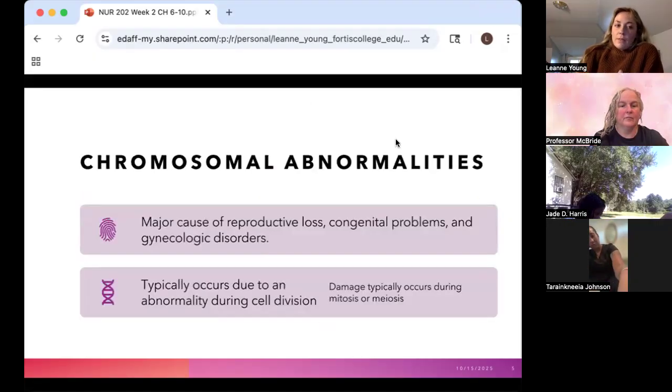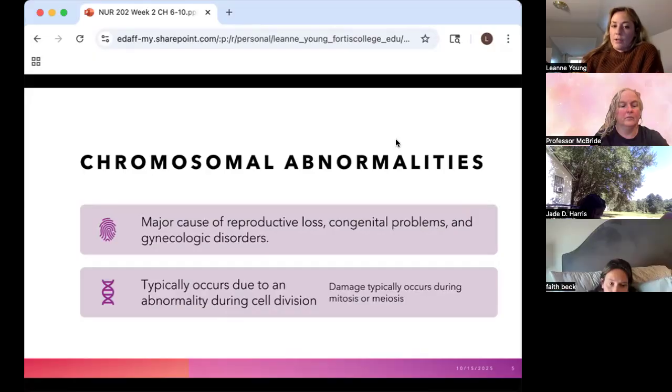Whenever we're also discussing gene makeup and development, we have to talk about chromosomal abnormalities. These are a major cause of reproductive loss, congenital problems, and gynecologic disorders. Most of these abnormalities occur if there's any type of damage during cell division, so during mitosis or meiosis.